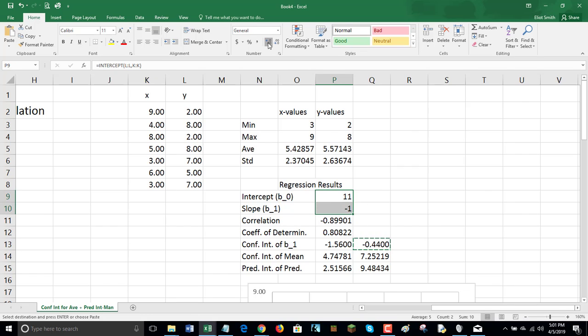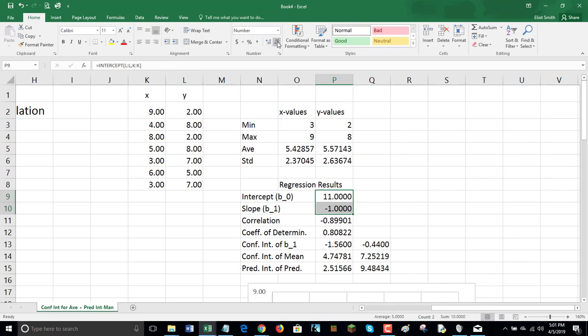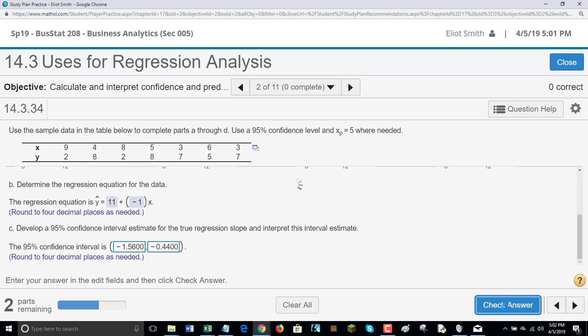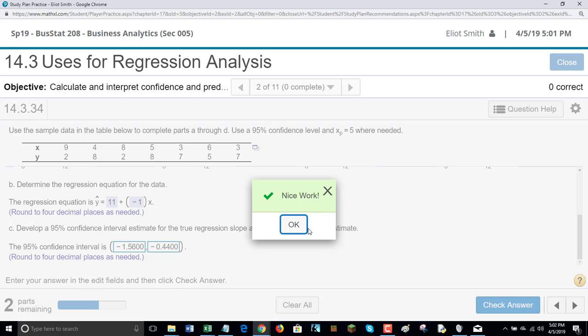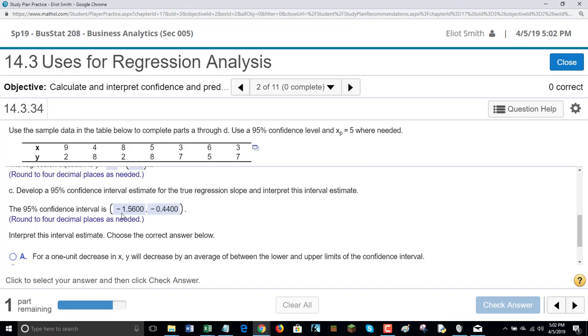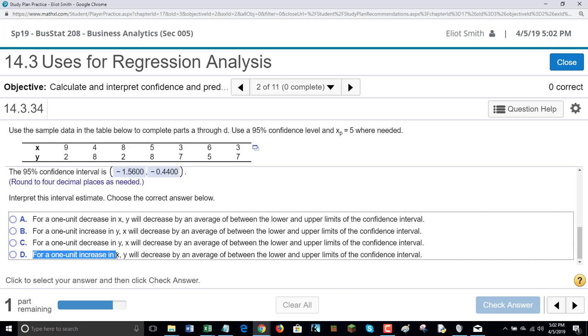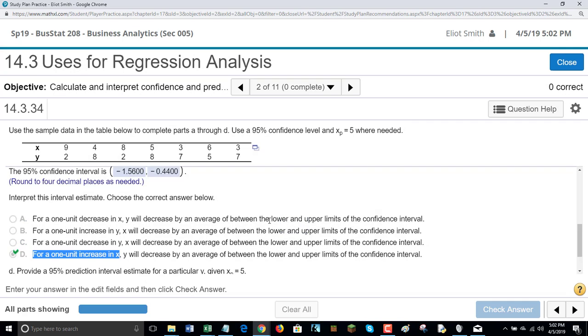Okay, let me look at something real quick. Just wanted to check that. Didn't need to. That's for my benefit, not yours. And let's see. Both of these are negative, which means as x goes up, y goes down. So for every increase in x, y will decrease on average between the lower and upper. Yeah, okay, so there's the one we need there.